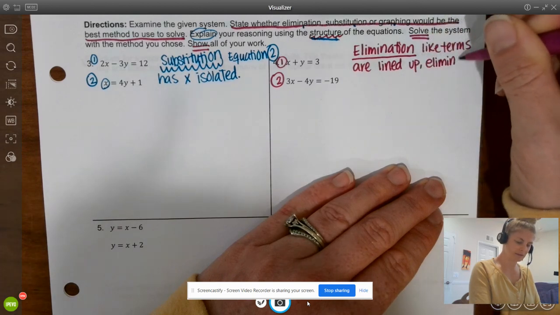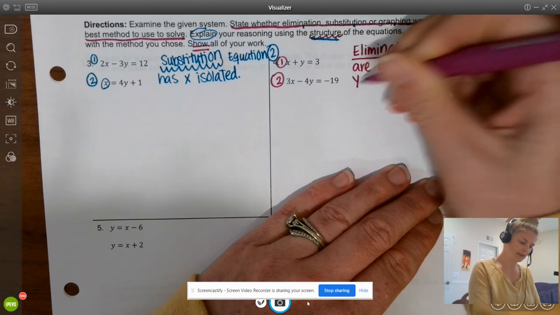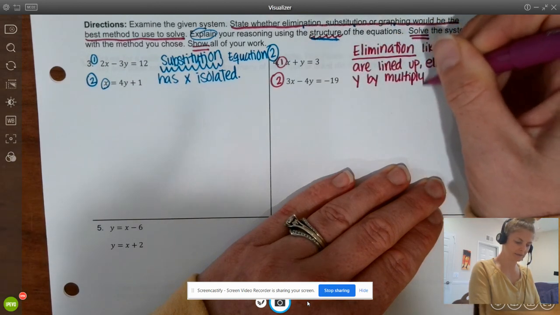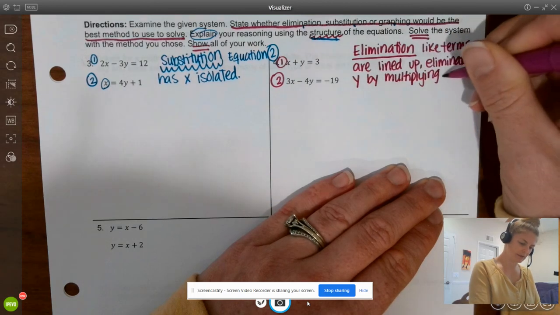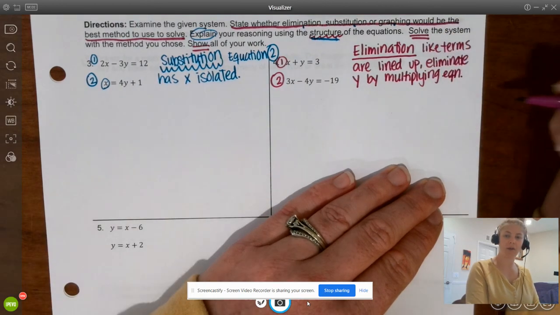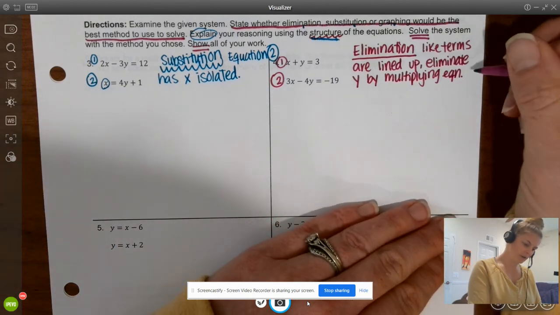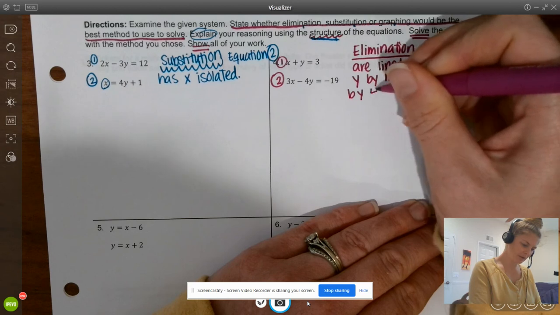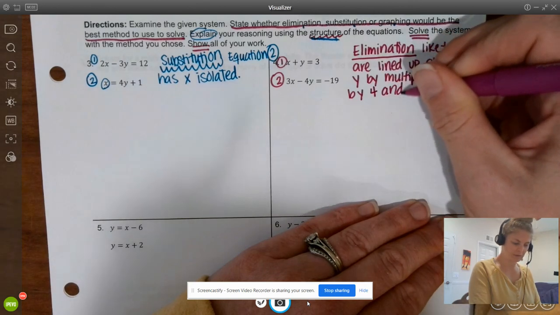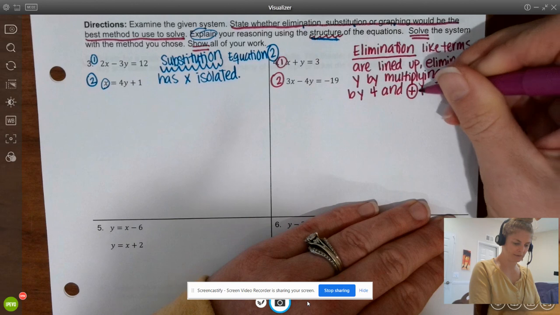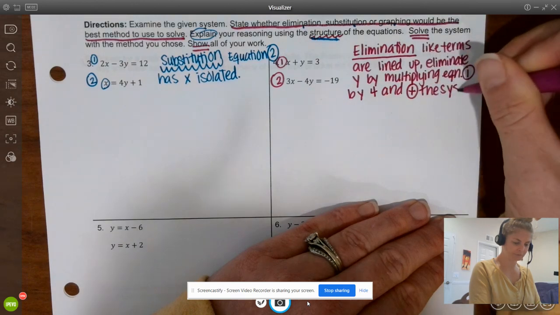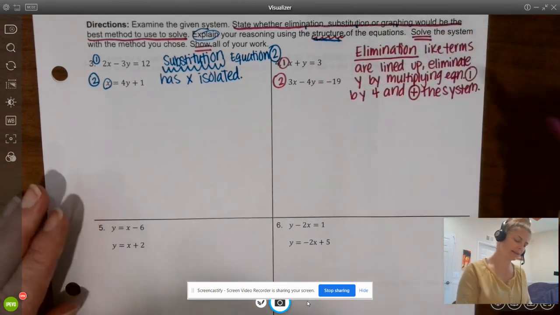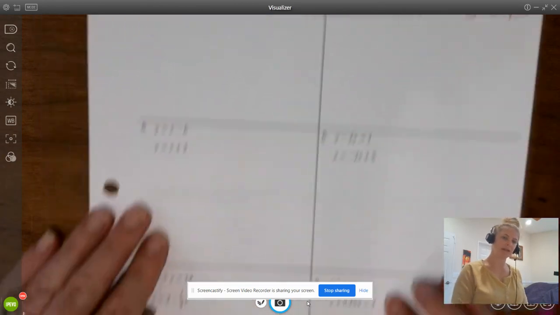Eliminate y by multiplying equation, I'm going to use EQN for equation, equation 1 by 4 and add the system. So I'm already noticing that the y's have opposite signs. Cool. Okay, let's look at 5.